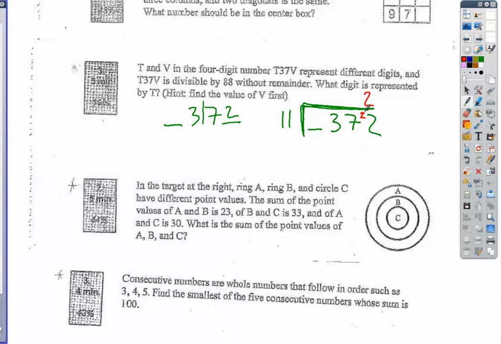So that means our remainder from this division here had to have a remainder of 2. Well, what would give us a remainder of 2? If this was 57, then 5 times 11 would be 55. It would give me the remainder of 2. So this would have to be 5.